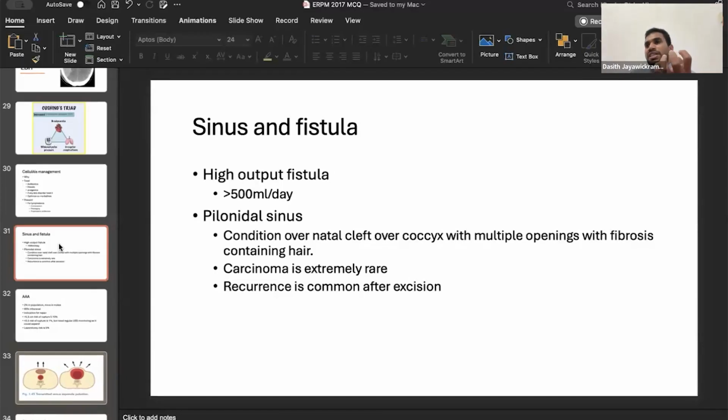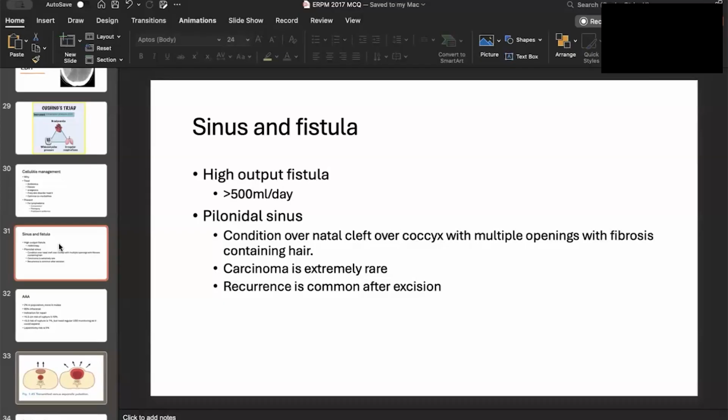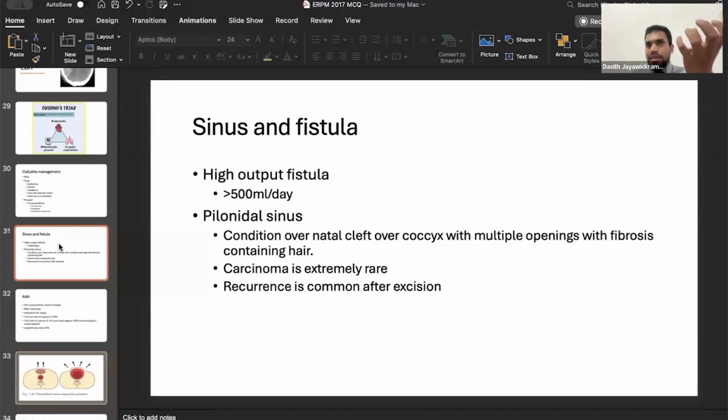But will that collection drain completely? No, it is draining against gravity. But imagine if it's draining with gravity, then you don't need pressure. It will just drain out. Okay, did you understand that? Yes, understood. So if a small bit of the collection remains and the sinus closes off, that small bit will again accumulate and increase.